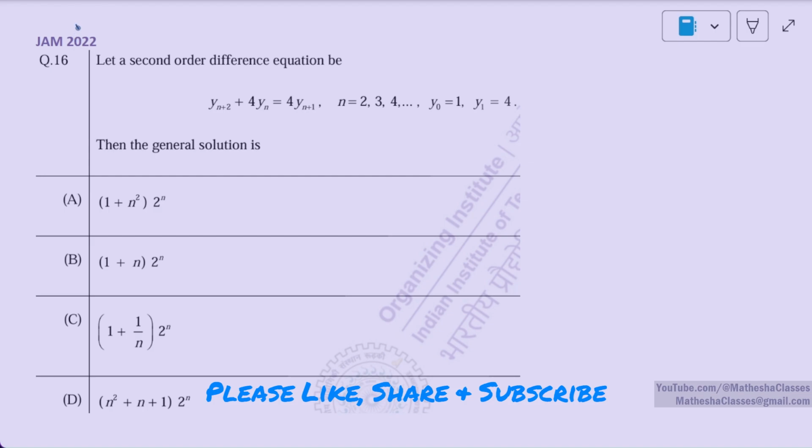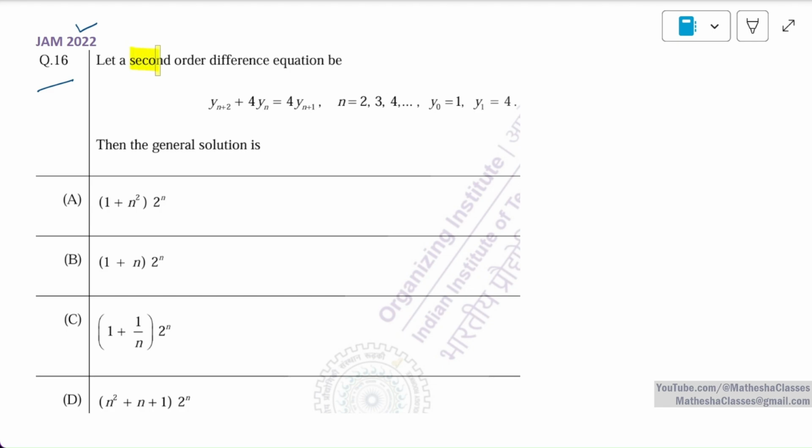Next question from JAM 2022, question number 16. Let a second order difference equation be y_{n+2} + 4y_n = 4y_{n+1}, where n = 2, 3, 4 and so on. Initial conditions are given, y_0 = 1 and y_1 = 4. Then the general solution is which of the following?